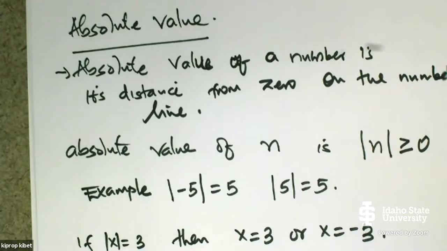If the absolute value of x equals 3, then x can be 3 or minus 3. The absolute value of 3 is 3. The absolute value of minus 3 is what? It's 3.